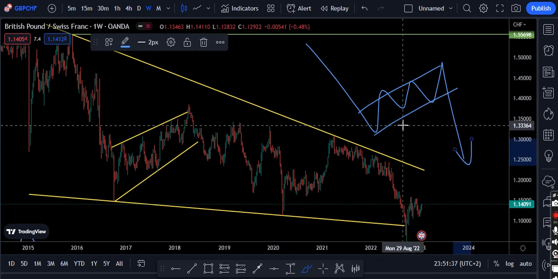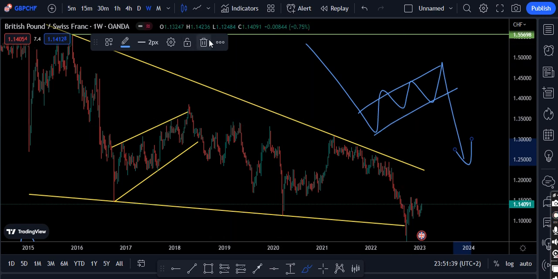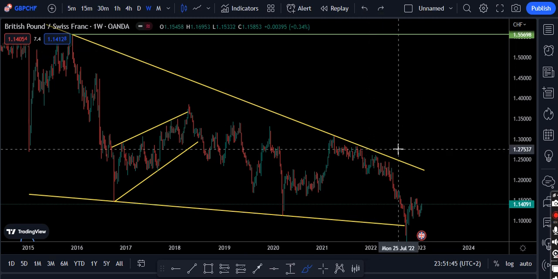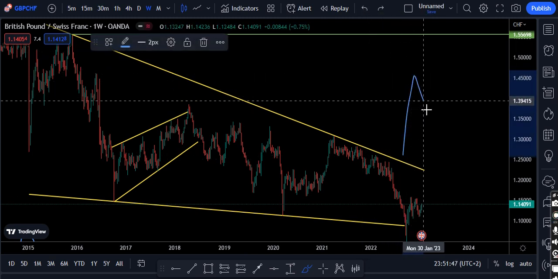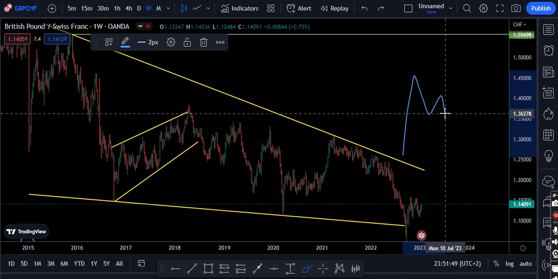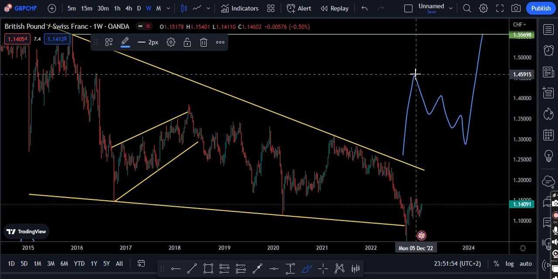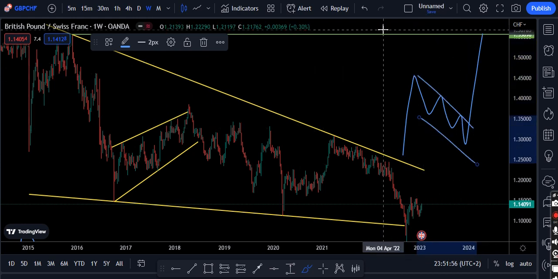This is the rising channel, and the falling channel is going to look like this. This is the falling channel.